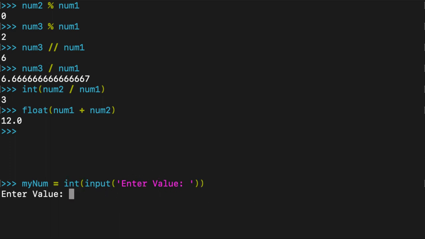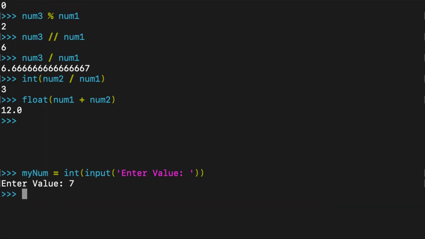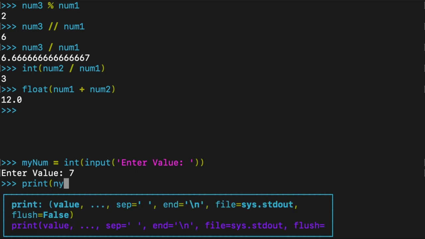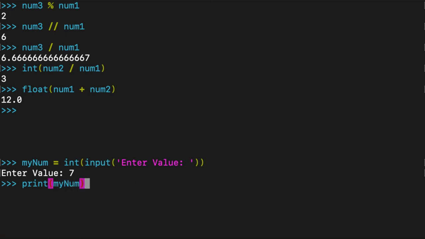as a number. So if I now get my question that I entered, and I'm asking for my value, and I enter, say, 7, and I then try and access my num, which, by the way, up until now we've done simply by typing the name of the variable. The more correct way to do this would actually be to use the print command and put the variable that I want to output inside the brackets of my print command.